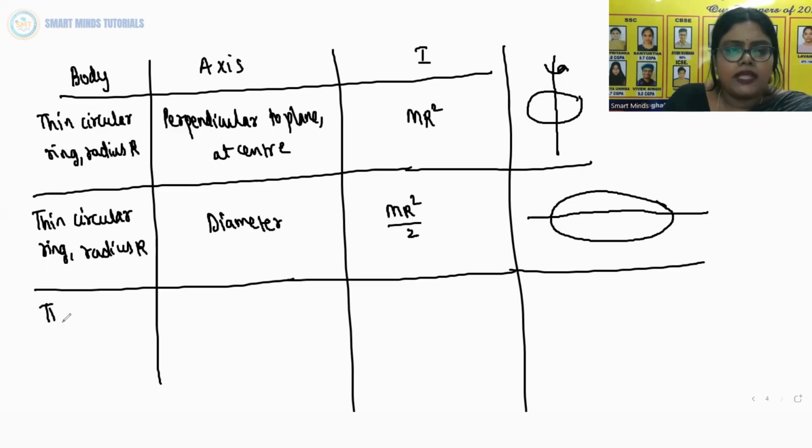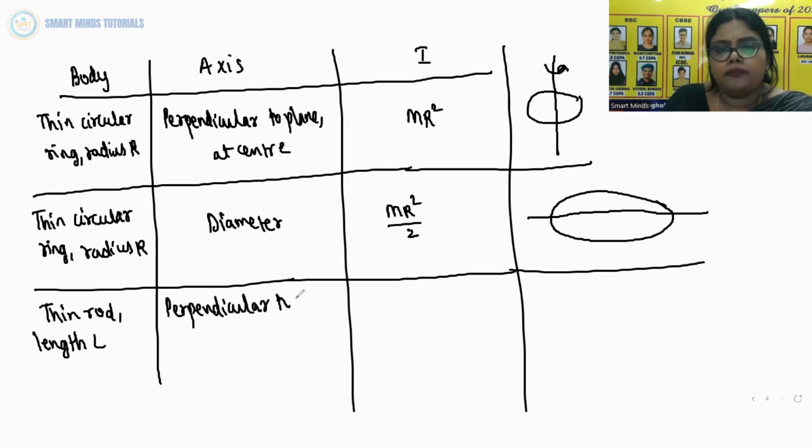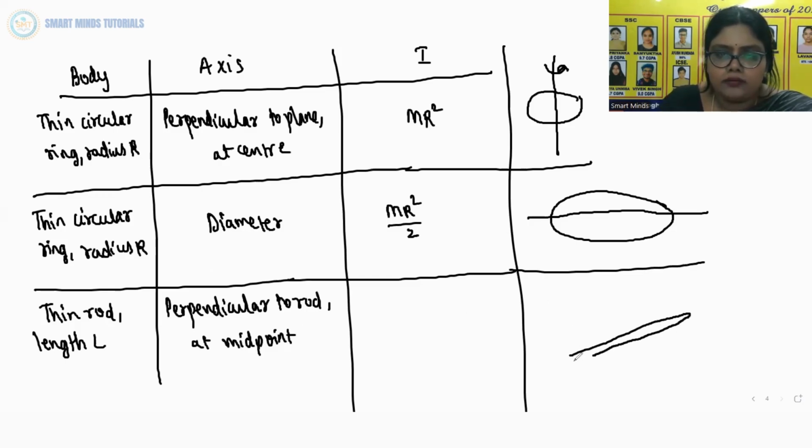Then next is a thin rod whose length is L. What is the axis here? The axis is perpendicular to the rod at the midpoint. Now let's say this is a rod.